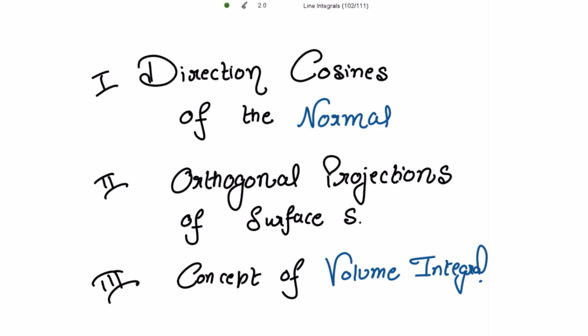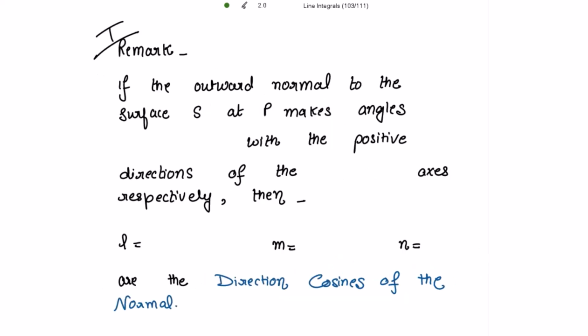About the direction cosines of the normal, then the orthogonal projections of surface S, and then the concept of the volume integral. So let's start with the direction cosines of the normal.